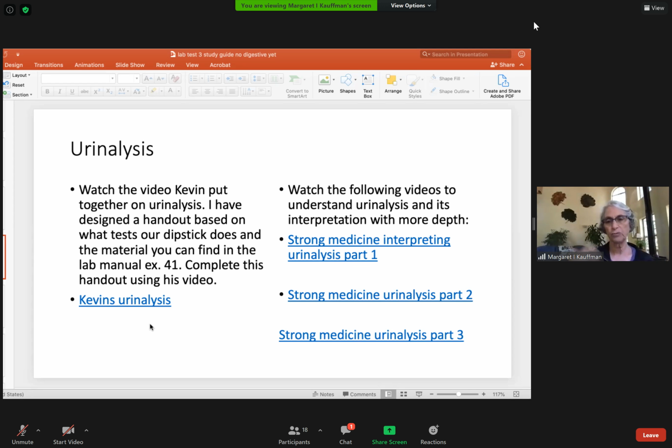That's one reference you can go to, but it's not going to answer everything, because if we were in person in the lab, you would be doing more tests than Kevin did on his own urine. For example, you would be making a slide of your urine and looking at the salt, organized and disorganized, what are called casts in the urine.